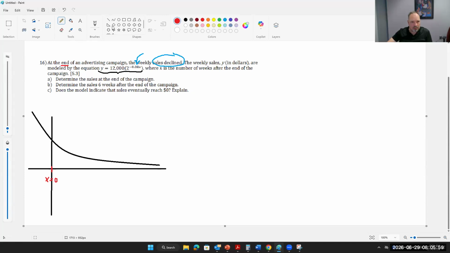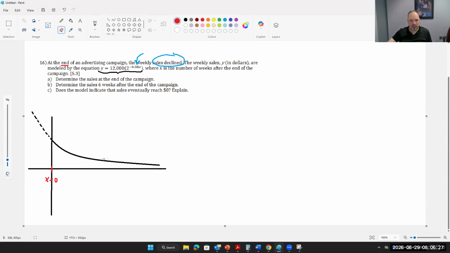And so at the end of the day, this part of the graph is not important to us because that's sales before the end of the ad campaign. And this may not even be an accurate model.